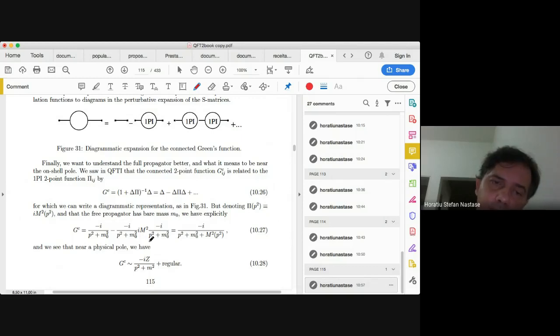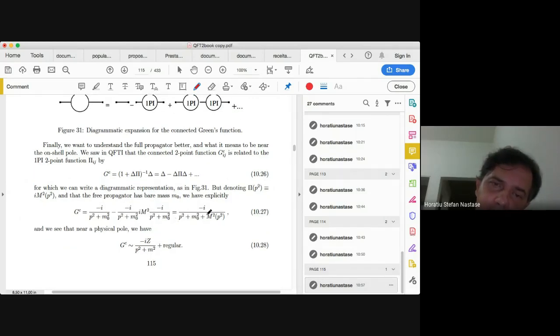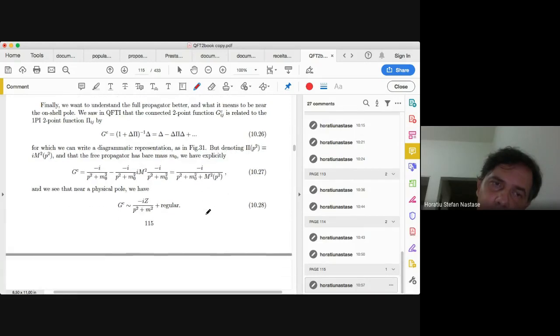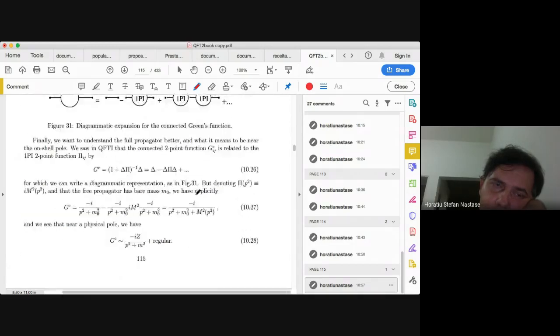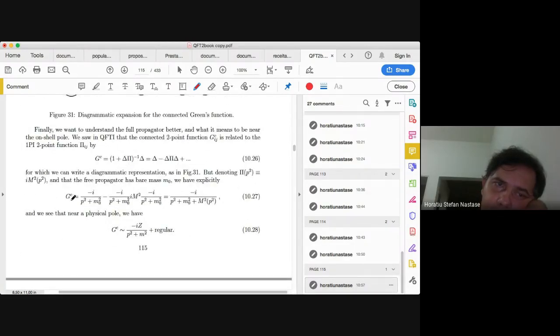So you see then that we also have a physical pole for the connected two-point function, that is, for the full propagator.